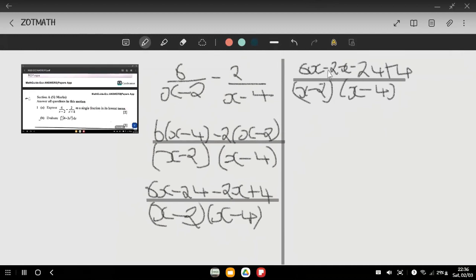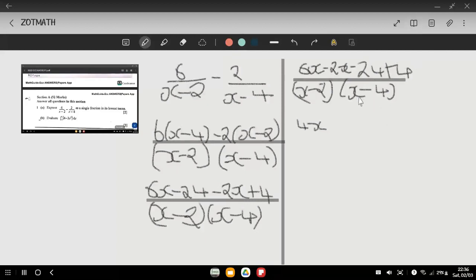So now here guys, 6x minus 2x, we're going to get 4x, right? In case I make a mistake, I'm also human. So negative 24 plus 4. This is the same as 4 minus 24, but then when a small number is subtracted from a bigger number, these are different signs.